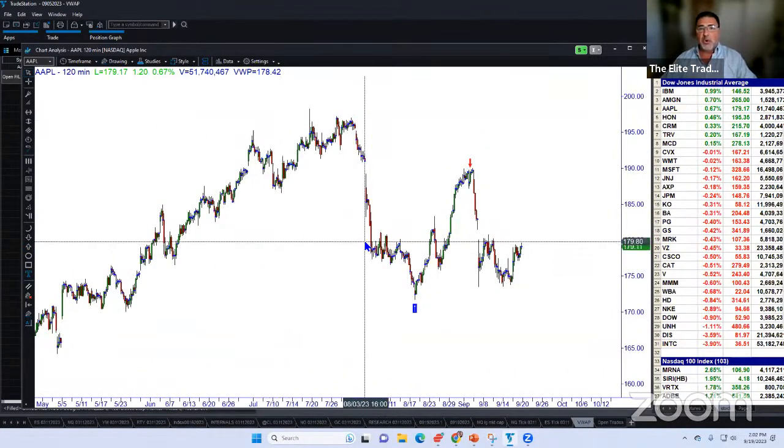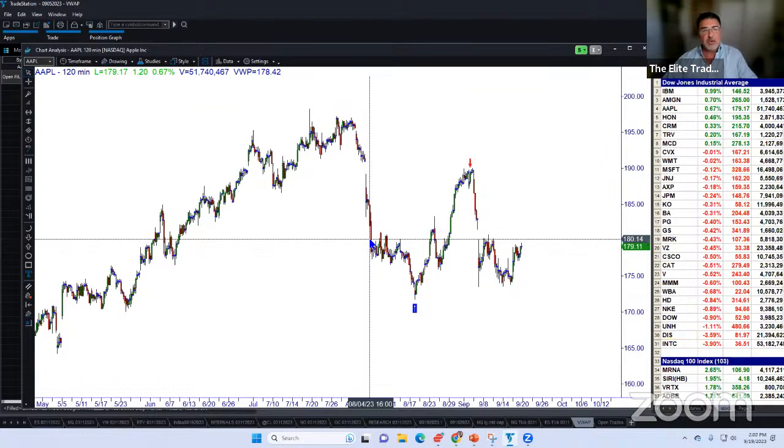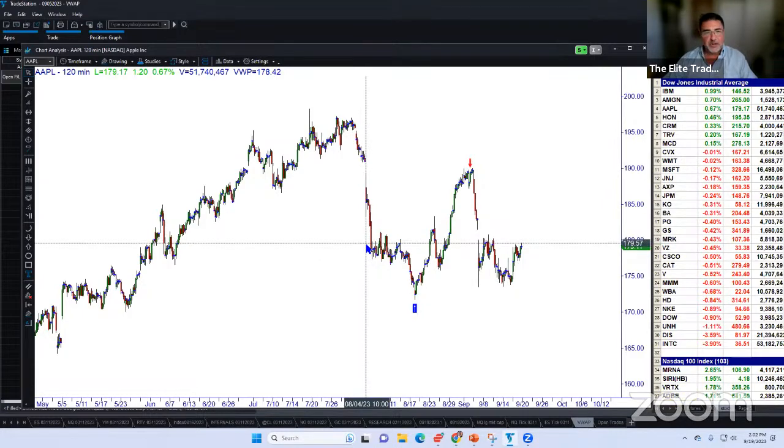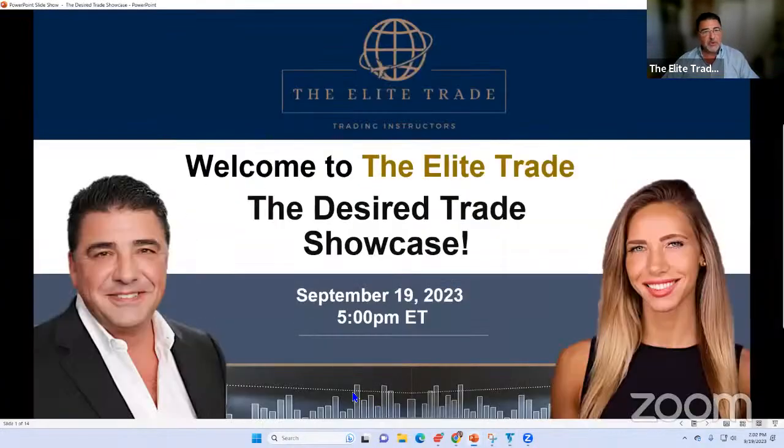So in a desired trade, what is it you're looking for? What are you trying to create on the price chart? As we get started, that's what we're going to focus on: what is that picture on the price chart that you wish you were in a trade?